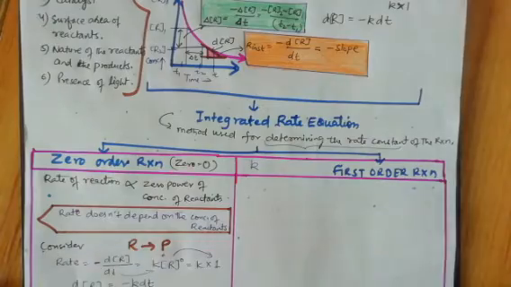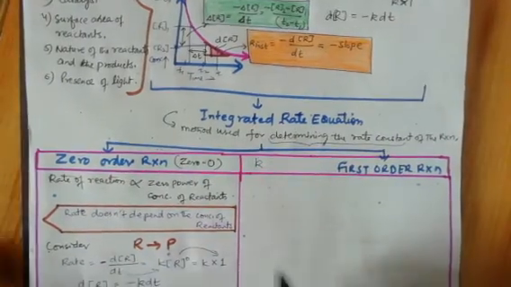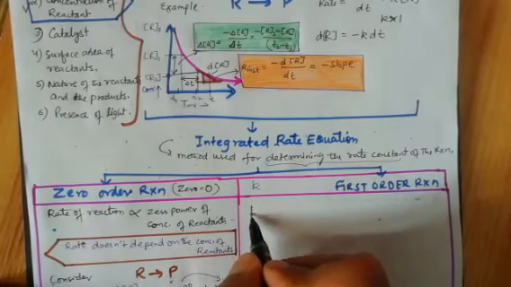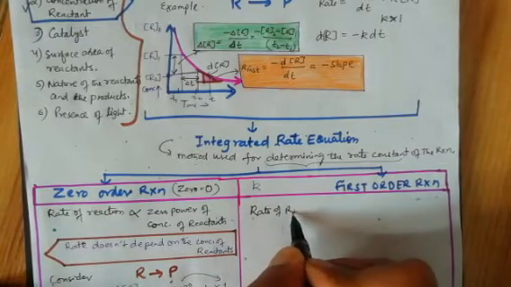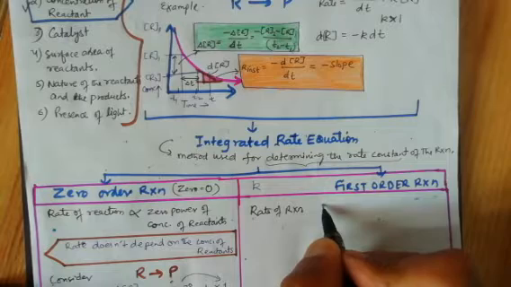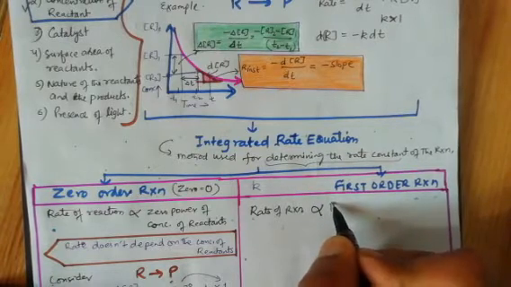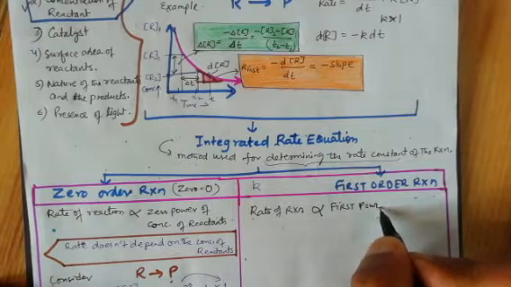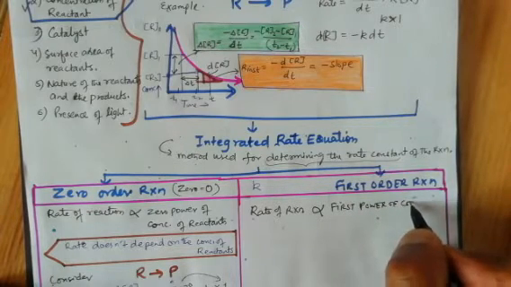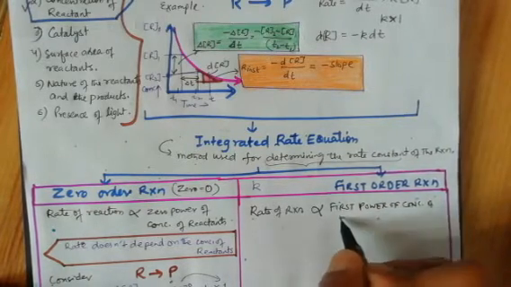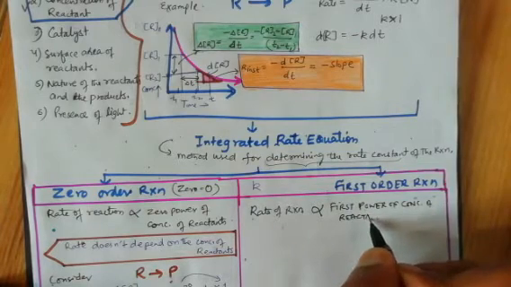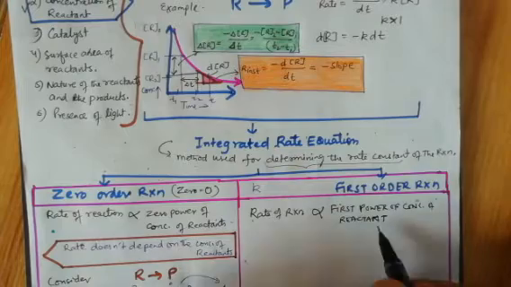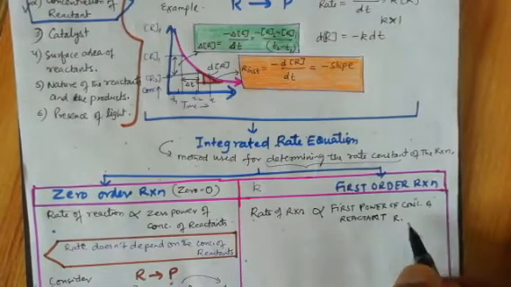Zero order reaction we have done already. Now I'm talking about first order reaction. In this class of reaction, the rate of reaction is proportional to the first power of concentration of reactant, the first power of concentration of the reactant R, you can say.